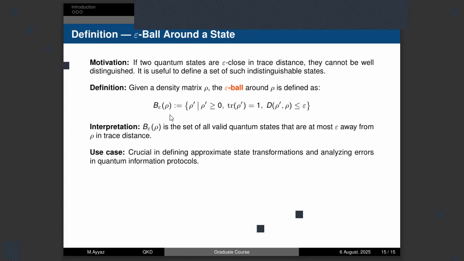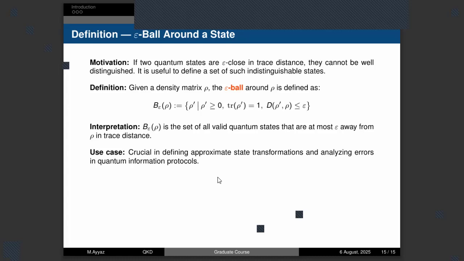These two states are very close to each other and can be used alternatively as an approximation of each other. And this approximation is very important in state transformations and in analyzing errors in quantum information protocols.